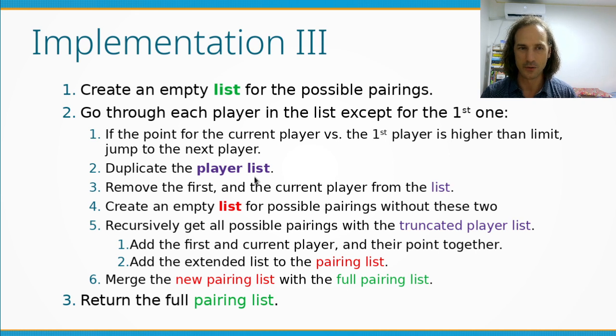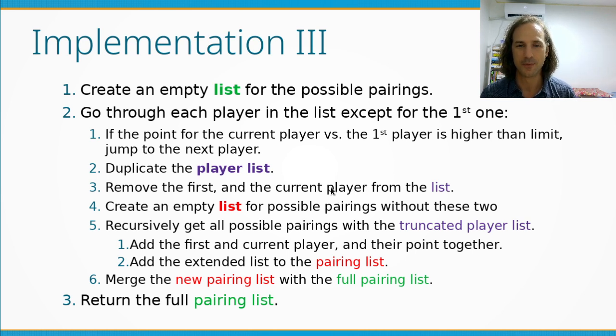You want to duplicate the player list because both in GDScript and in Python, lists or arrays are handled dynamically, so you don't want your original player list to be modified. So you create a duplicate of this player list, and then from this player list you remove the first and the current player. So these 2 are paired versus each other.